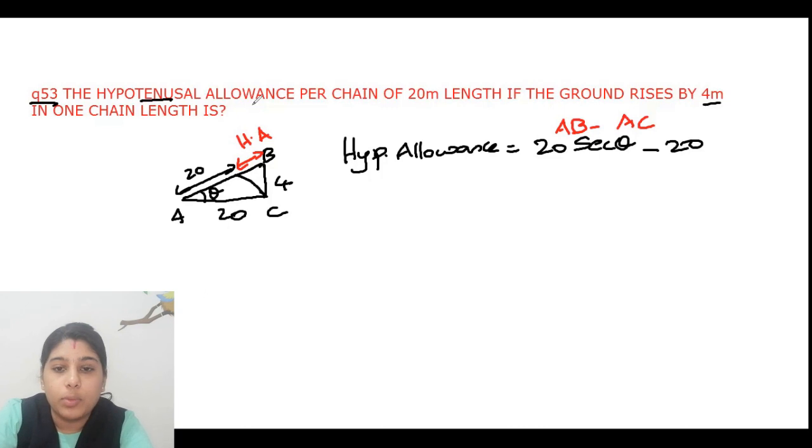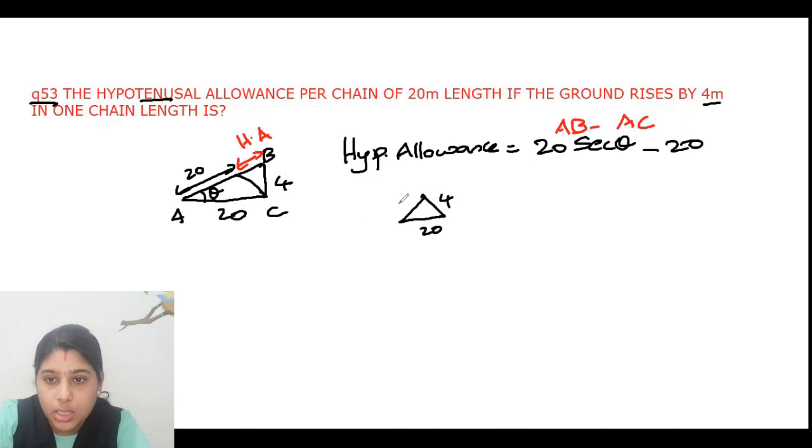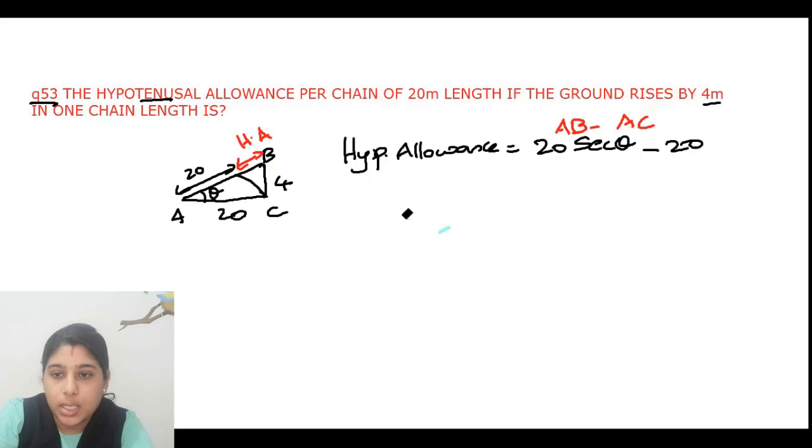So what is theta? How will we find theta? If we consider only the small triangle, where the height is 4 and the hypotenuse value is 20, and this angle is theta, then sine theta is opposite side by hypotenuse.